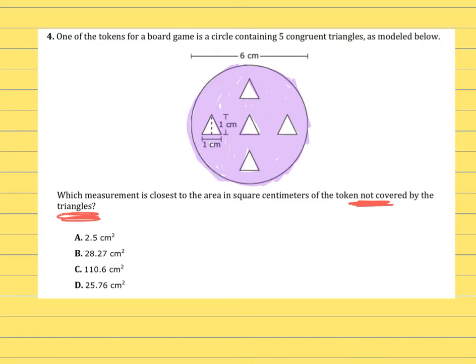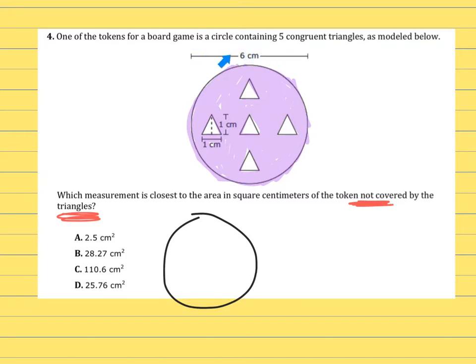So now if I look at this, I want to know the area that is shaded or is not covered by triangles. So I have 2 shapes. Let's back up. The first shape I have is a circle. And by looking at the measurements up here, I know all the way across the circle is 6.